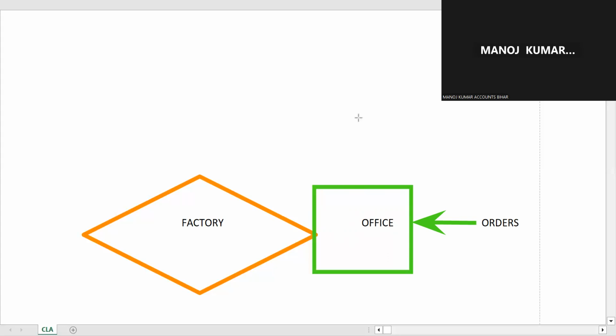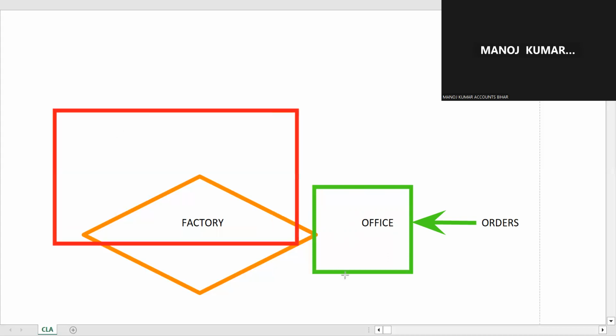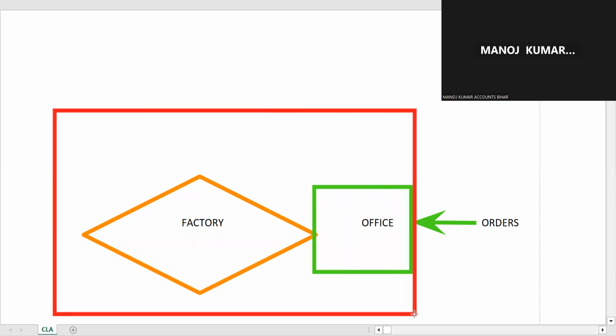So operations management covers this whole thing. It mainly runs from the office, but the factory also comes within the purview.